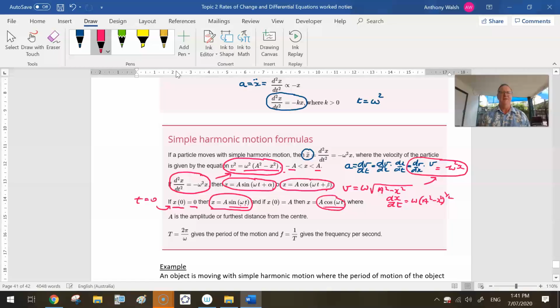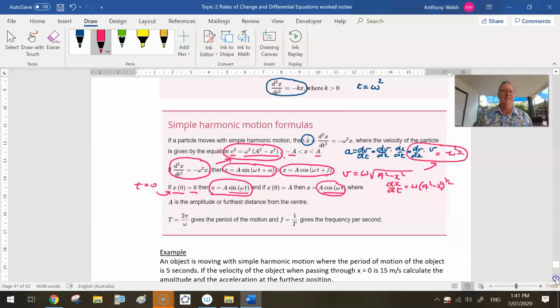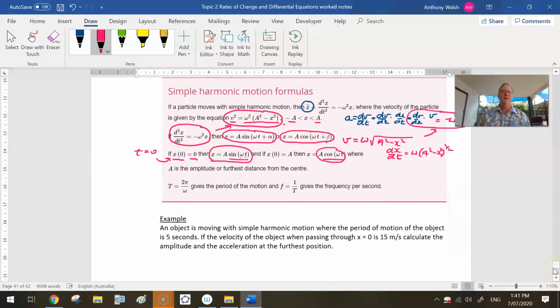a is the amplitude, and one final thing that we can use here for our formula is this. T, we know, for all time has been referred to as the period, the time it takes for one complete oscillation. We know that from way back. And previously we know T is equal to 2 pi on the frequency. Well, in this case we're saying for simple harmonic motion, T is equal to 2 pi on omega.